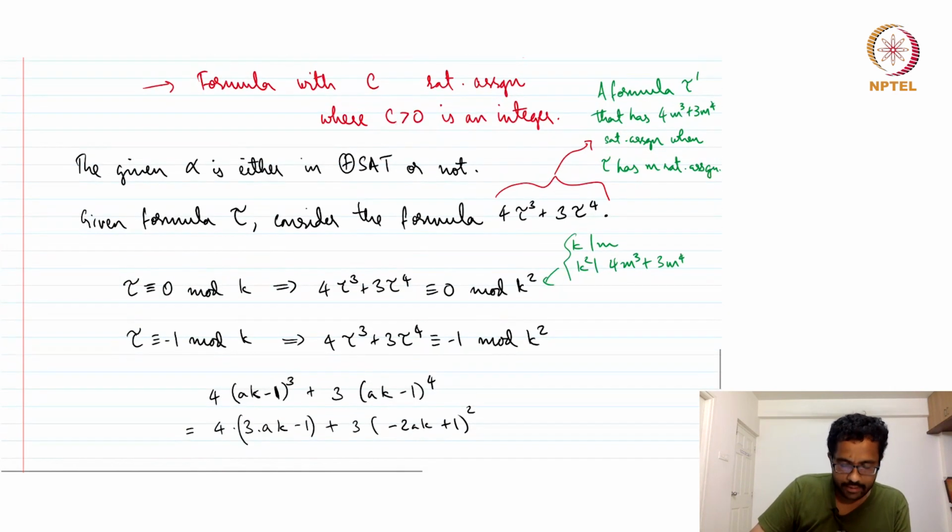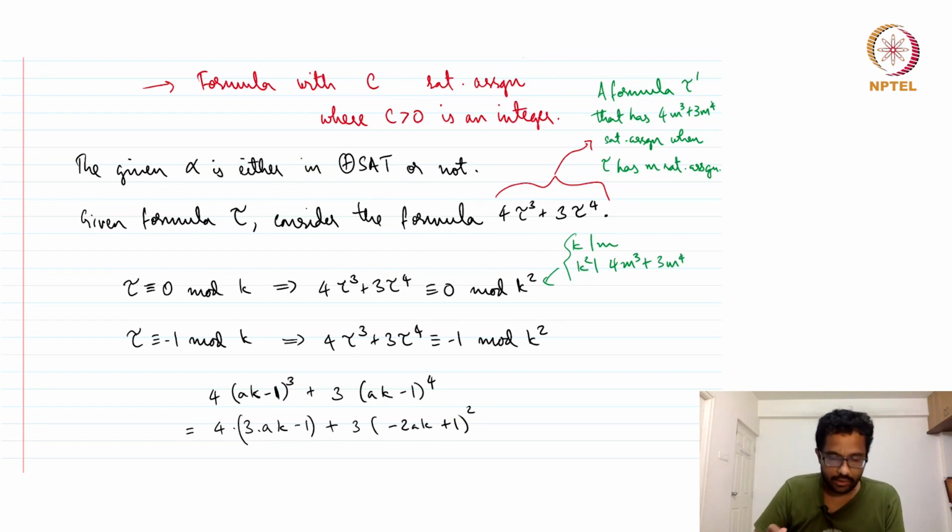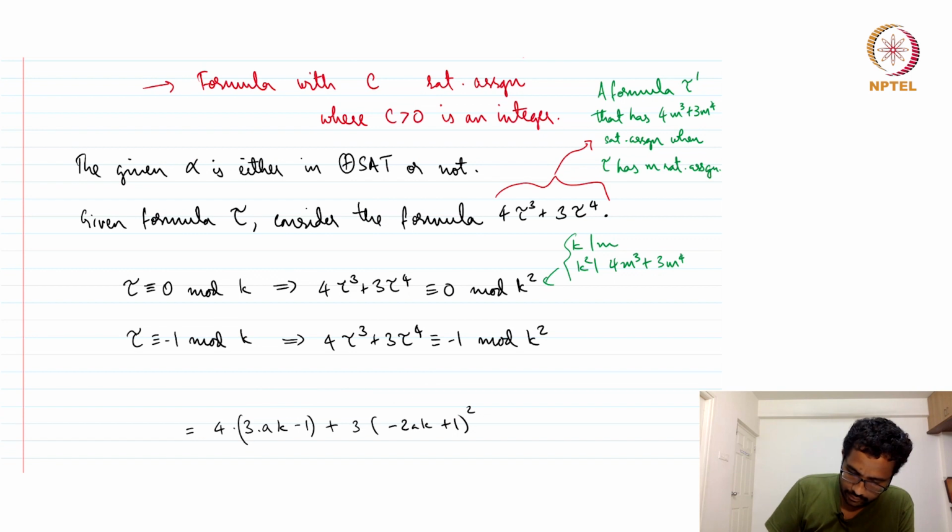Now suppose tau is minus 1 mod k. Then the claim is that 4 tau cube plus 3 tau power 4 is minus 1 mod k squared. Let's see why this is the case. Let's say tau is ak minus 1, where a is some constant.